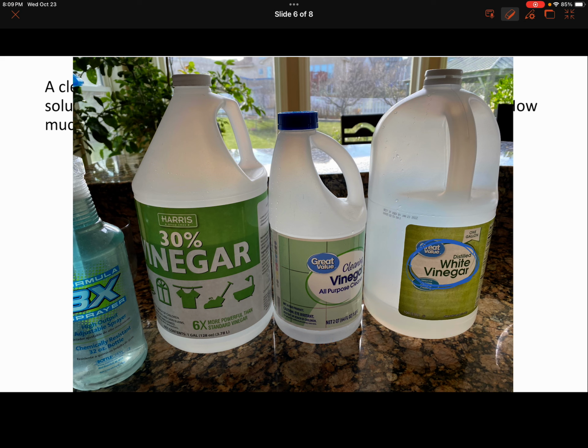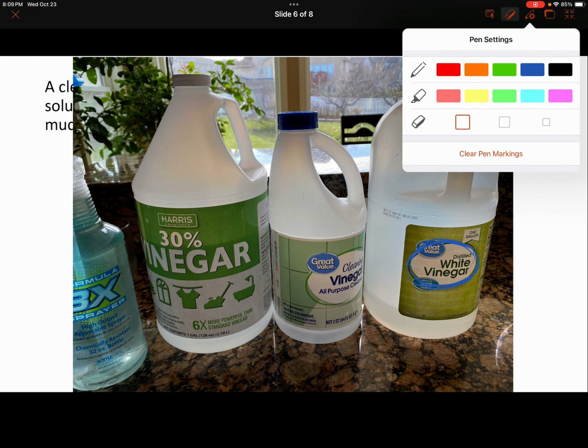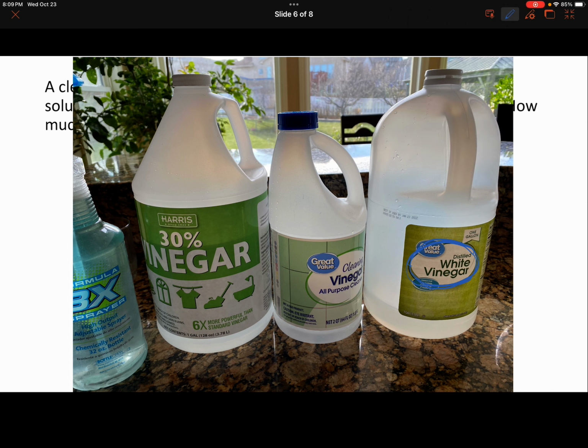So if you want to mix a concoction that's going to allow you to clean lime and other things from your surfaces, you can use a spray bottle with the vinegar and some dish soap.